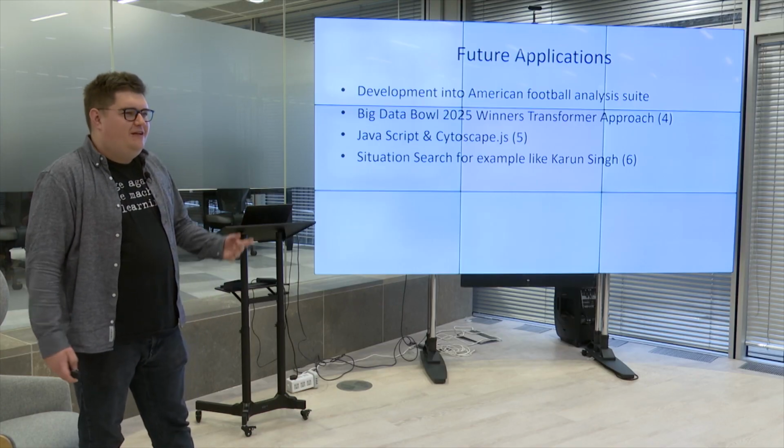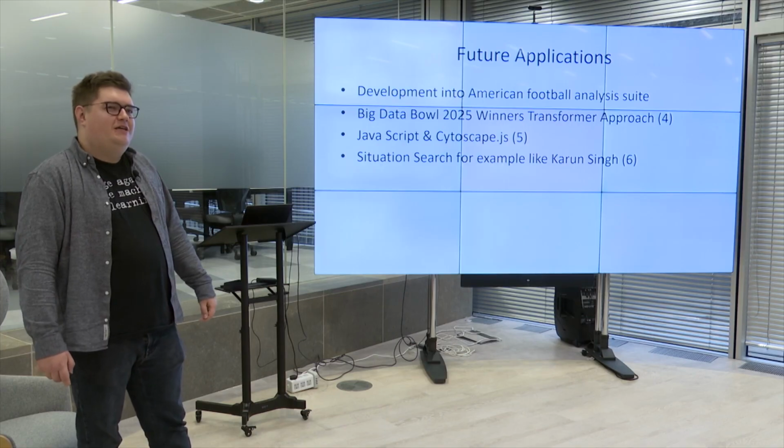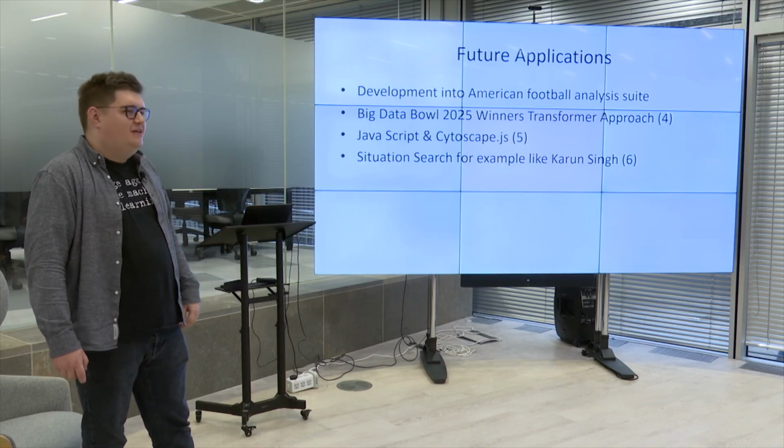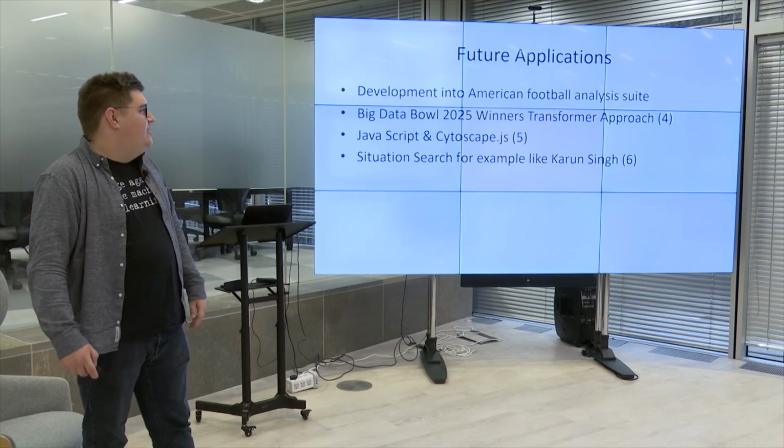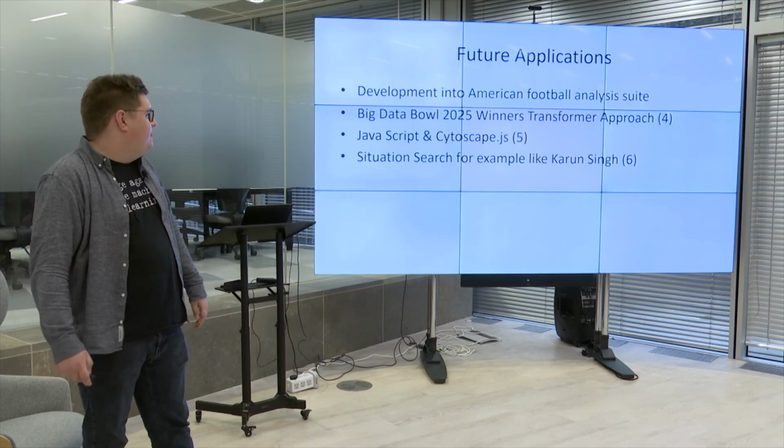And there's a talk from Karan Singh about situation search from the Opta Pro Forum in 2016, I think. It would be really cool if, when you create your custom data from a play, you also get plays that are similar to the play that you drew up.